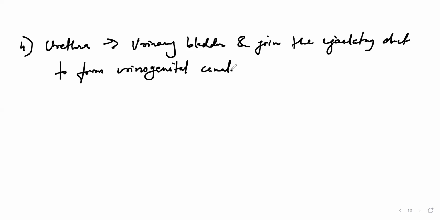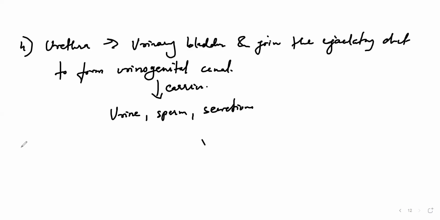Now, what is this urinogenital canal? In simple words, the urinogenital canal is a canal which is going to carry a few things such as urine, sperm, then certain secretions from the seminal vesicles or any other glands. Okay, so this is all about the urethra.